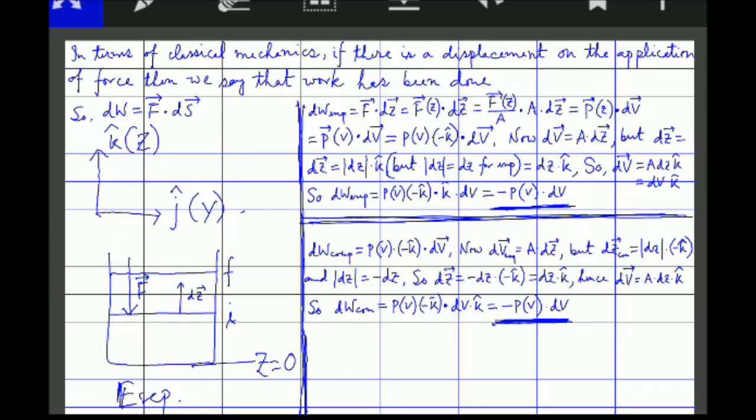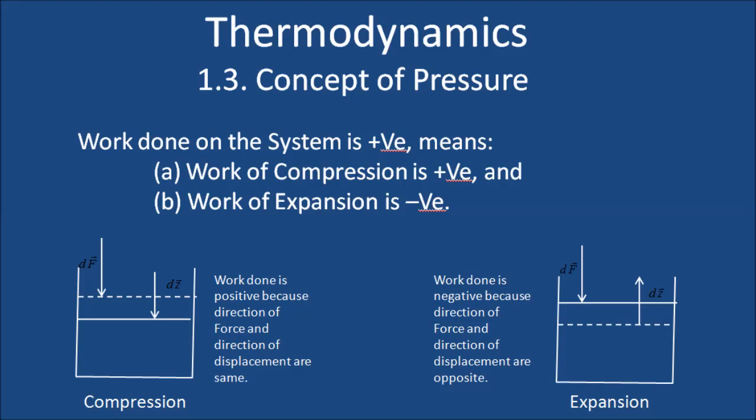This is what we should have got, because work done on the system is positive. It means that in case of compression the external agency actually does some work, so the compression work is positive.